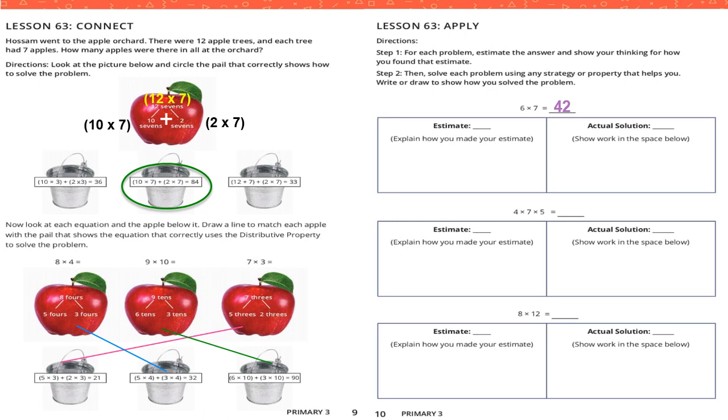For the next one, 4 times 7 times 5. I have here 3 numbers multiplied together. So this is called what? Which property can I use now? I have 3 factors. Associative property. Yes, associative property.